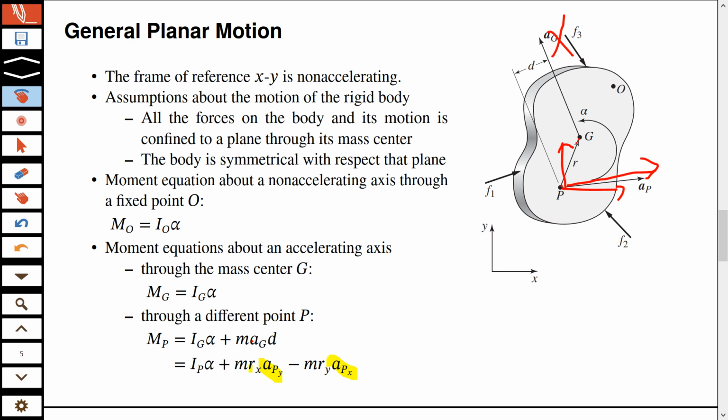By Rx I mean the two linear components of R, the displacement between P and G. One is plus, one is minus, because this is plus as it has the same sense as IP, and this is minus because it has the opposite sense from MP. So applying this equation is easy only for simple problems.